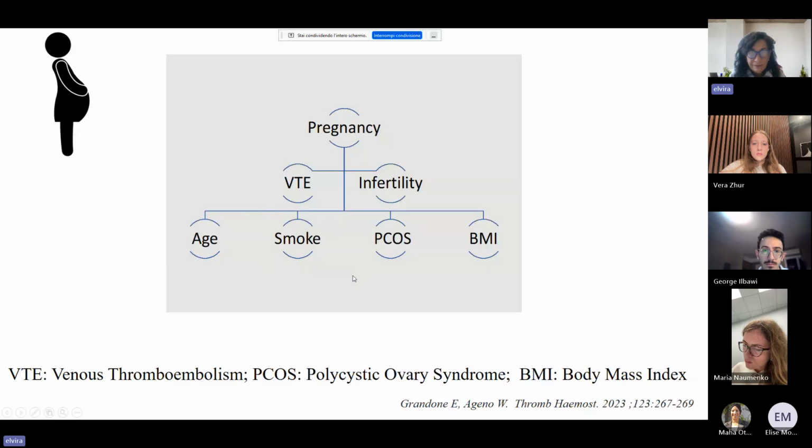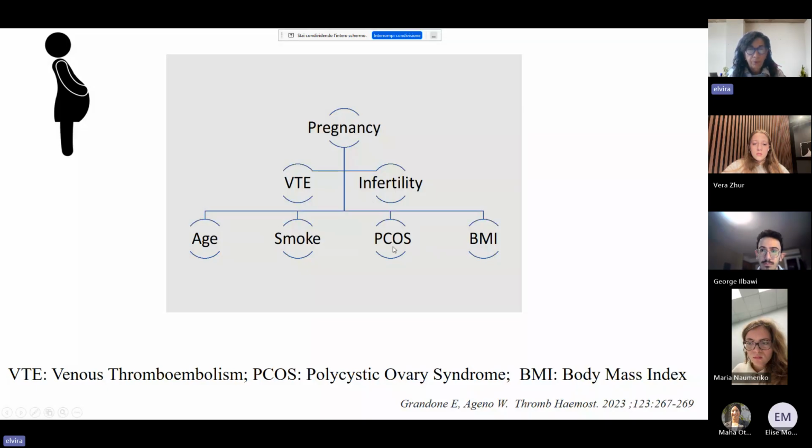And more in detail, I would like to highlight the role of, you can see here the acronym, polycystic ovary syndrome. And polycystic ovary syndrome is a relevant issue for women suffering from infertility.